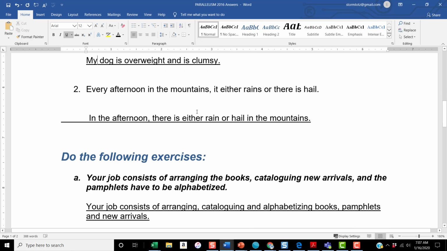In the afternoon, there's either rain, or every afternoon in the mountains, it either rains or there's hail.